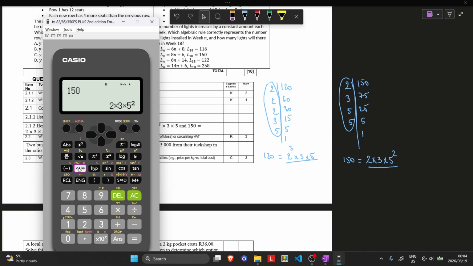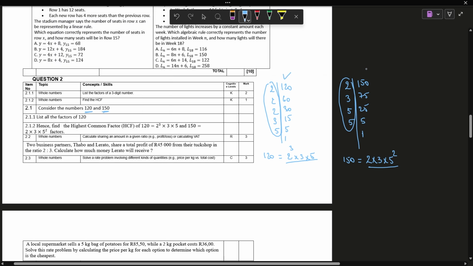So shift fact, and this is the same factorization we found here. So these are very important. You need to find those two numbers. And once you have them, I think it's easy because you get marks. You get 1 mark here, another mark here, basically for finding this.